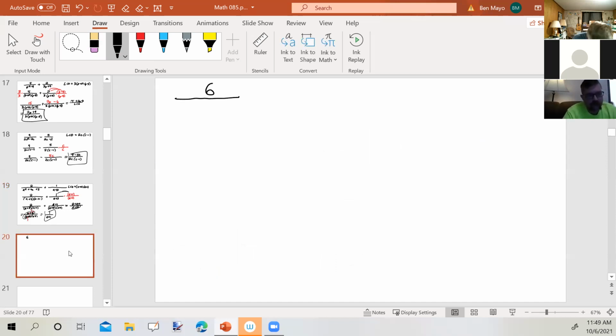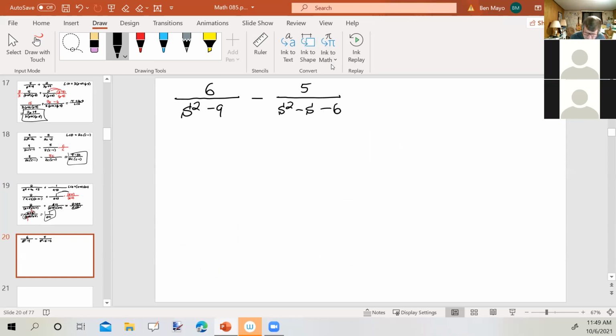6 divided by s squared minus 9, minus 5 divided by s squared minus s minus 6. So factoring the denominator of the first fraction, we get 6 over s plus 3 times s minus 3, the difference of two squares.